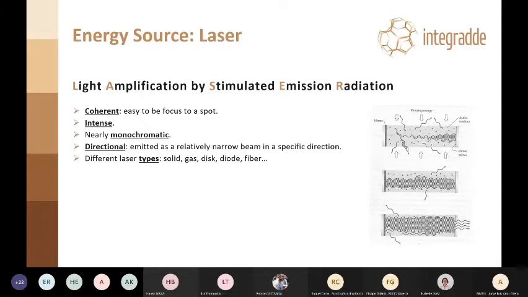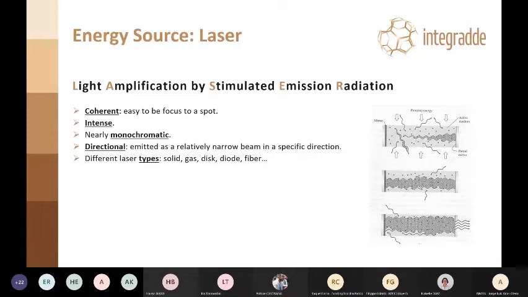To get this energy, you have to get the excitation of the emitter component, which can be done, for example, by electric discharge, or also by light.